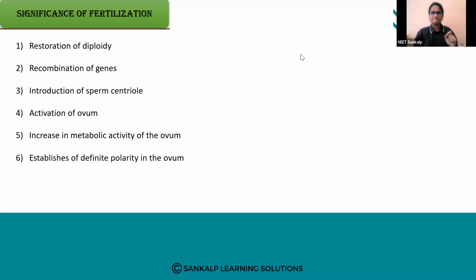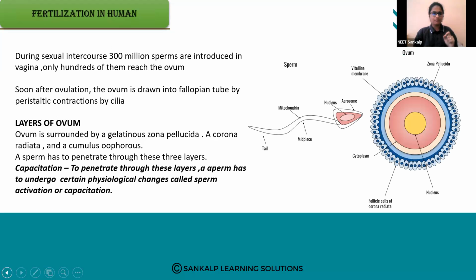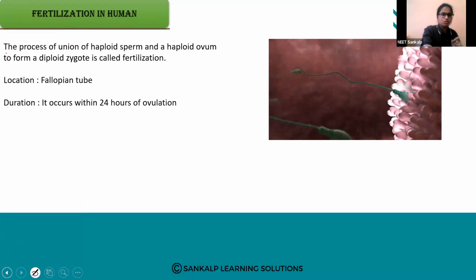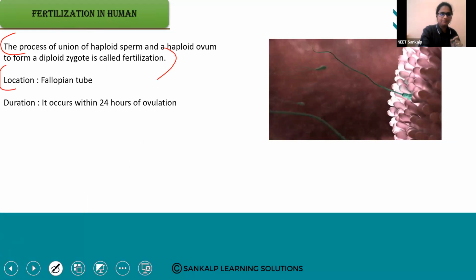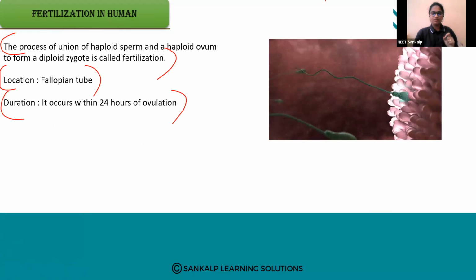Please write down the layers of ovum. Put the heading fertilization in human and I will mark certain points here. Write this down, and after that I will tell you. Please write down and let me know soon.